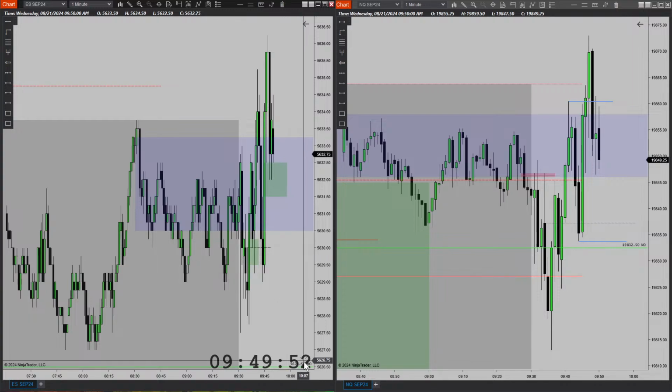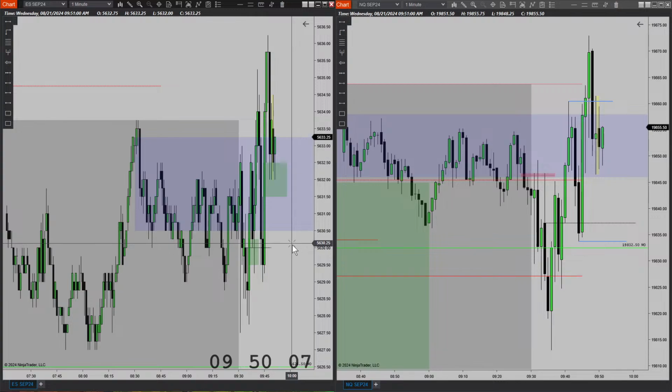And the macro is about to open, so I want price to immediately draw higher. There you go. There we go. Okay, so that would be the entry if I were to get in on the macro.